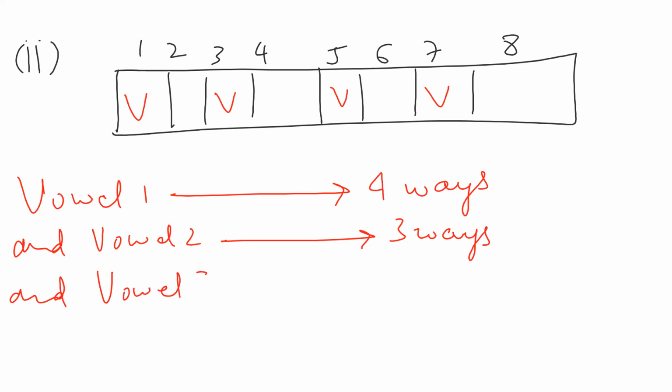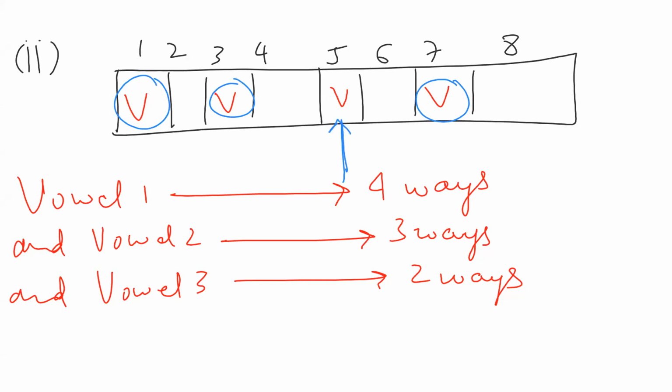And vowel number 3 will be arranged in 2 ways. Now if the 3 vowels are arranged in this manner, one vowel over here, one vowel over here, and any one vowel over here, so this particular place is left vacant.